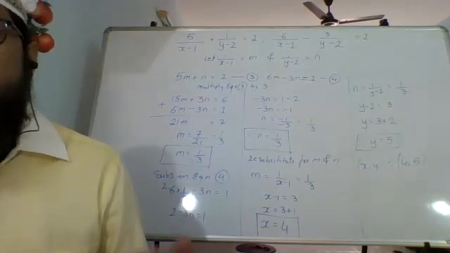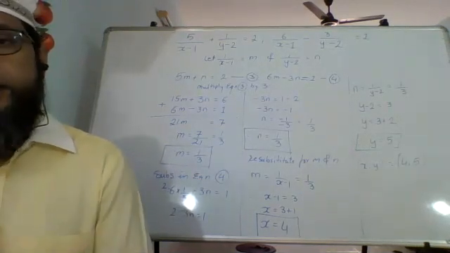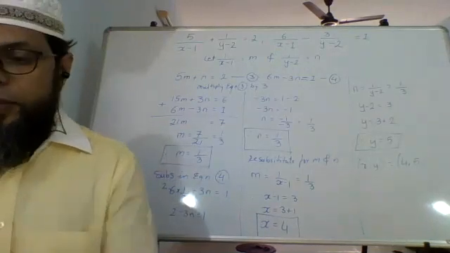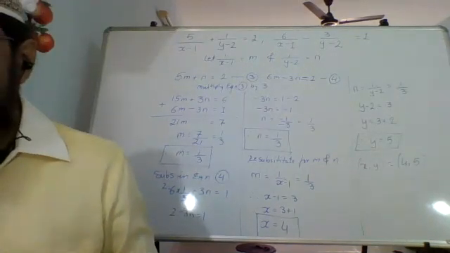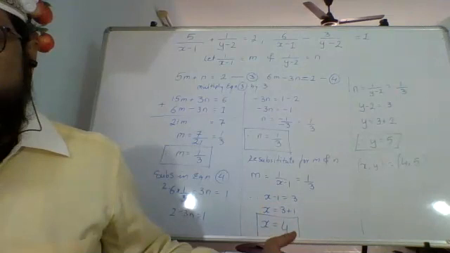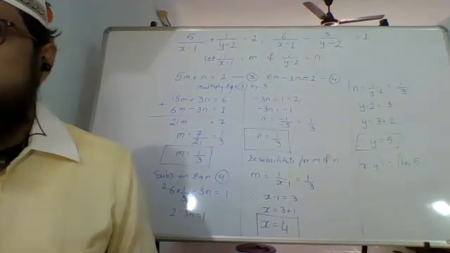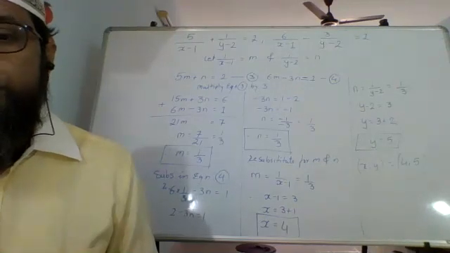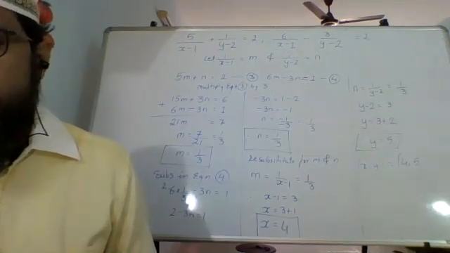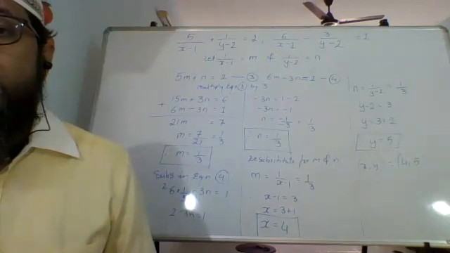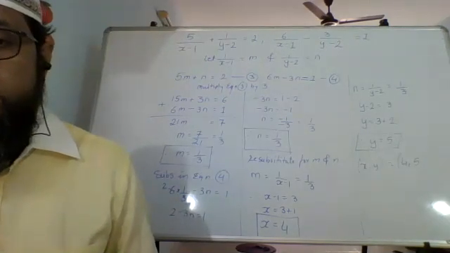Try it again and again. And if you still do not get it, don't worry. Send me the image. I'll show you where you have gone wrong. Of course, I'll also show it in the class when we solve, if you all have not got it. But for you to know your mistakes, it's important that you send me the image. So I'll show you where you have gone wrong, and you can then understand, acha, ye galti hui hai, how I can rectify it. Is that clear?